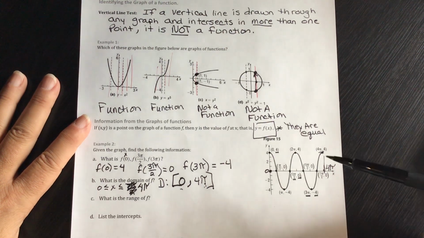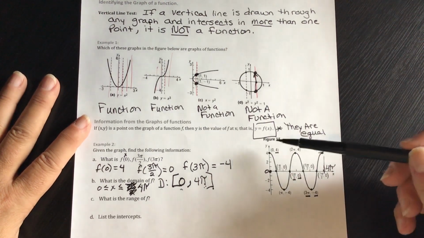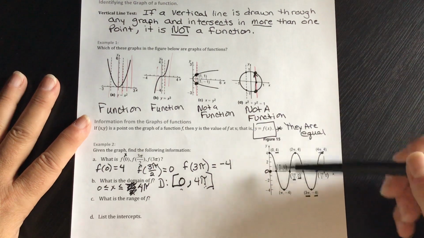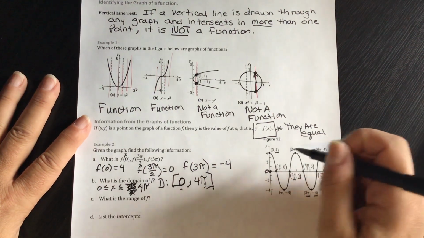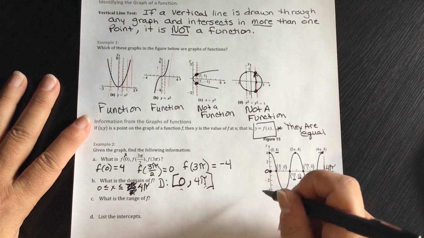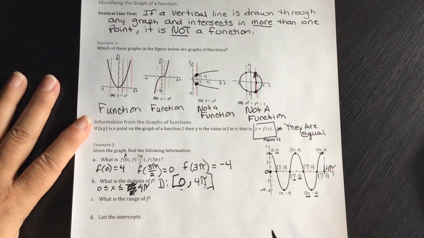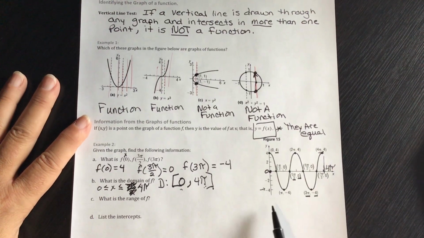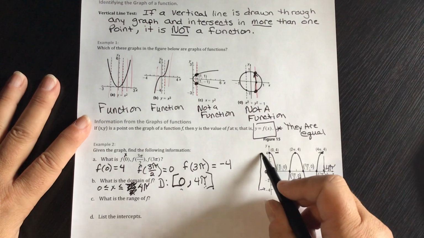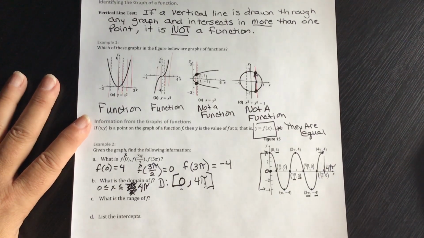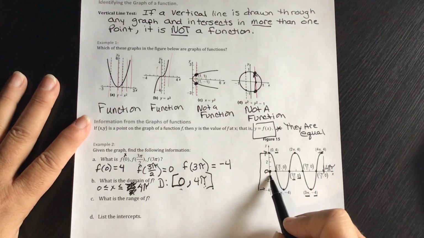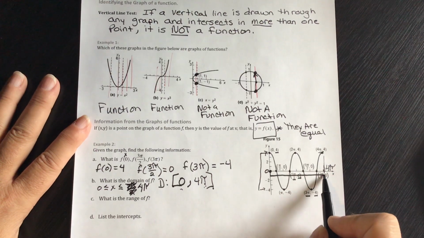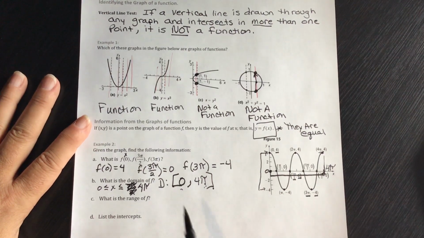All right, so the range is very similar, but I'm looking at my y-axis now. My y-axis starts at -4. That's the lowest y value I have, and it goes up to +4, where my x-axis started at 0 and went to 4 pi.